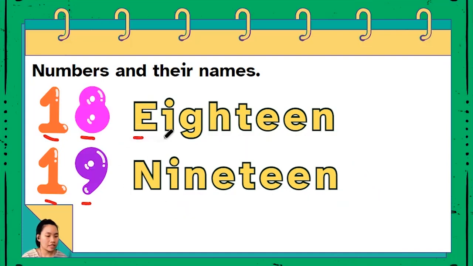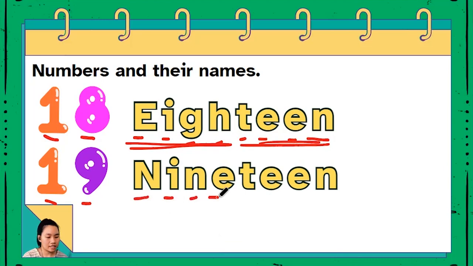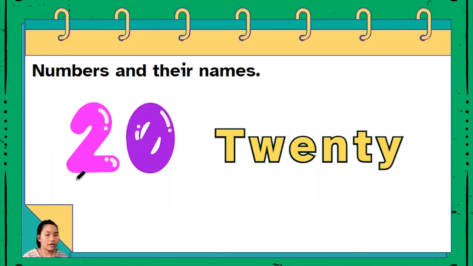We have E-I-G-H, 8, and then T-E-E-N, teen, 18. N-I-N-E, 9, T-E-E-N, 19, okay?